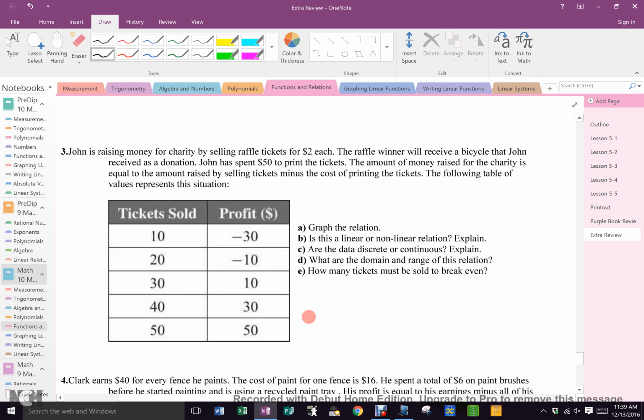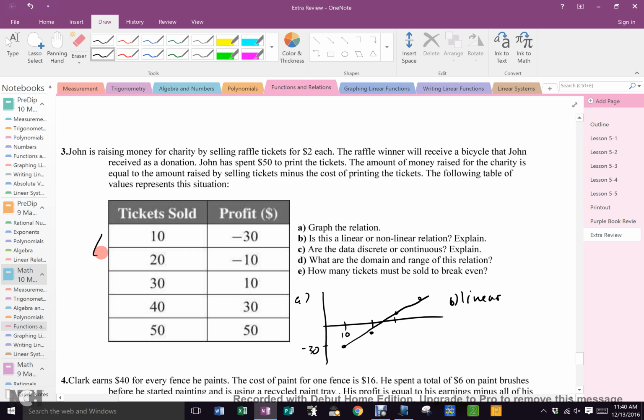Graph this relation. So the graph A would look like this. Minus 30. There's 10 minus 30. 20, I'm at minus 10. At 30, I'm at plus 10. 40, I'm at plus 30, so I make a nice line like that. So there's the graph. Is it linear? It is linear. Why is it linear?